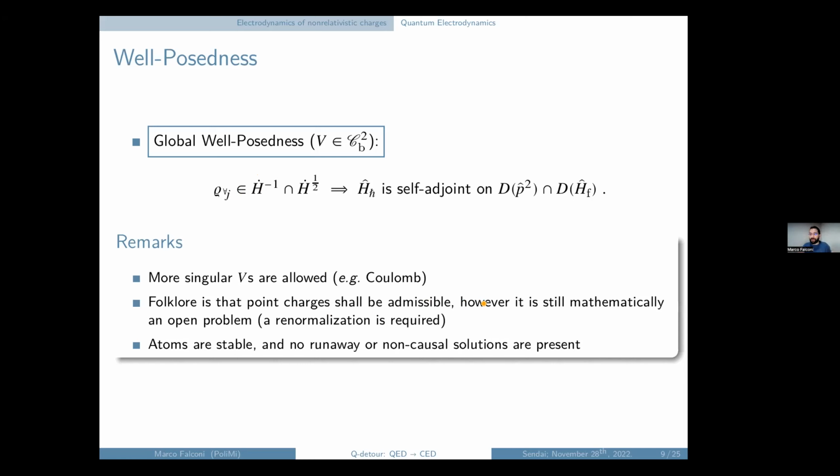Mathematically it is still an open problem to prove that this Hamiltonian with point charge distributions is self-adjoint. For sure, it should involve a renormalization procedure, where one should renormalize the energy, subtracting an infinite energy, in quotation marks, from the Hamiltonian. One should also probably do what is called a wave function renormalization, so change the Hilbert space in some sense. But again, it is an open problem.